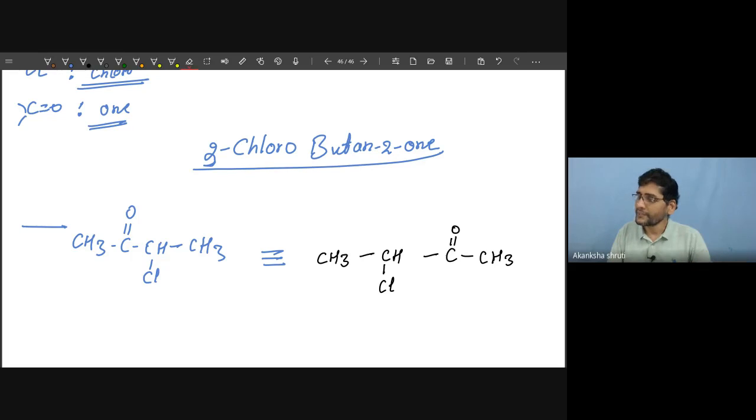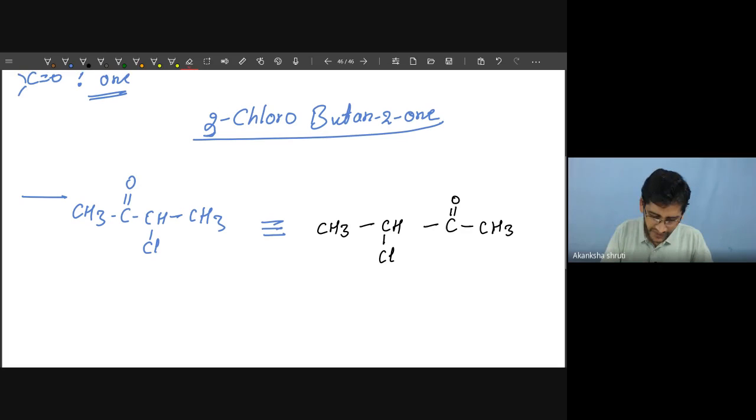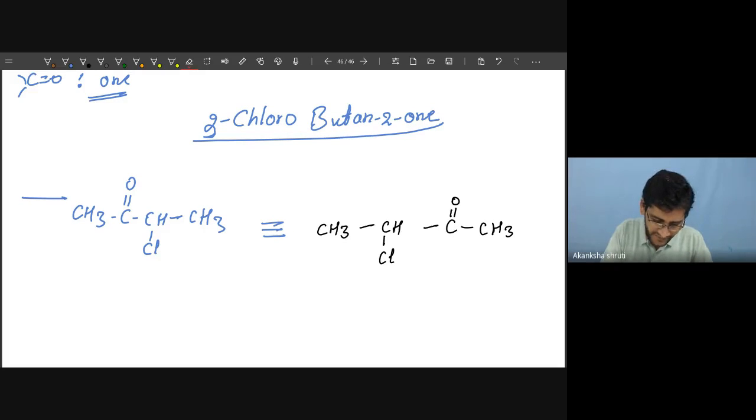It is this one. But even if you are writing, that is also correct, but you may drop, or in many cases these numbers are not given, then still you shall not get confused, because in that case only one possibility is there. Okay, student, here we are getting that if I am shifting this, this ketone group remains the same.